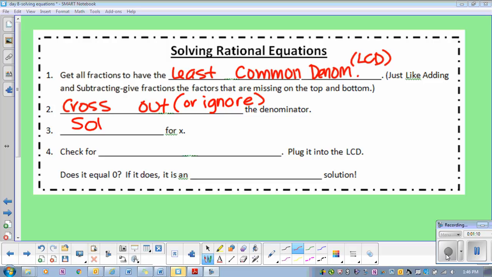Next, you're going to solve for x. And then next, you're going to check for extraneous solutions.